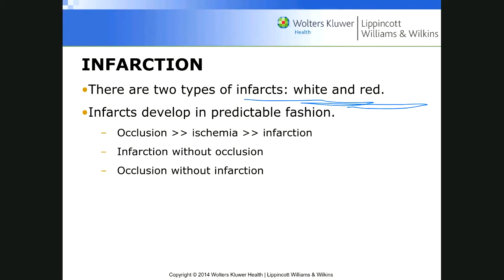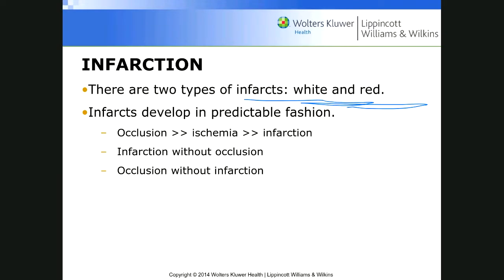And you can have a red infarct and a white infarct. The difference is that organs or tissues that have a lot of blood, softer tissue as opposed to harder tissue, tend to get a red infarct versus a white infarct.